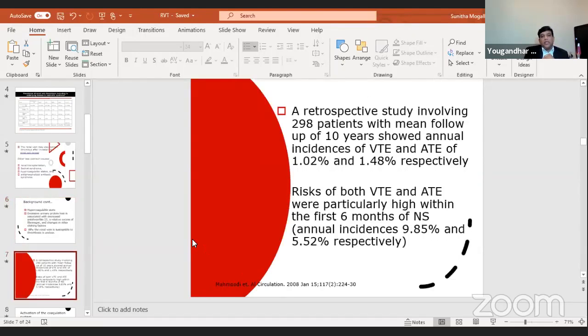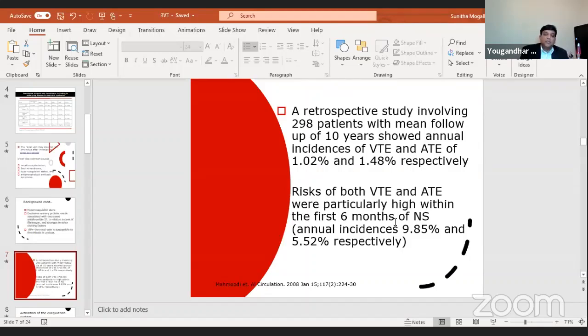Now, this is one of the studies that have been done to show the incidence of VTE. They followed patients for 10 years, and that showed the annual incidence of thromboembolism at 1.02% and 1.48% respectively.